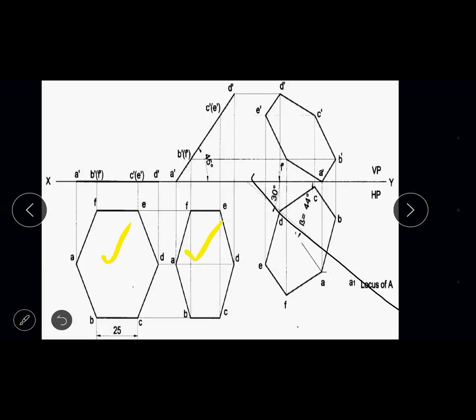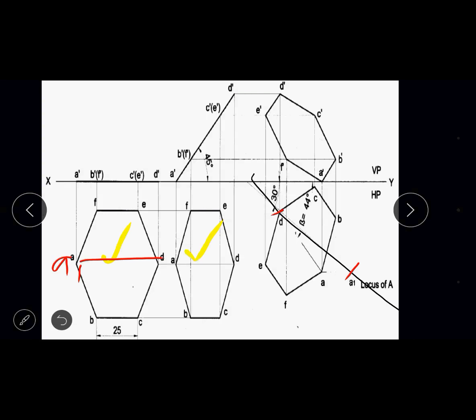This is the 30 degree line constructed, and you can find it represented with the line DA1. On the 30-degree line, the line DA1 is marked, from D to A1. This is A1, this is the line DA. So on the 30-degree line, the median of the regular shape lamina, that is DA1, is marked.